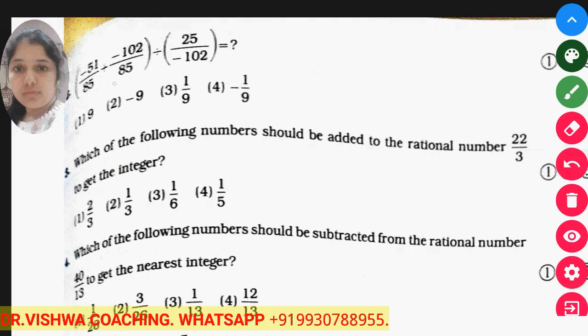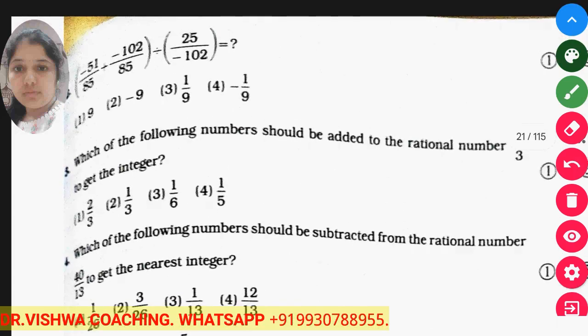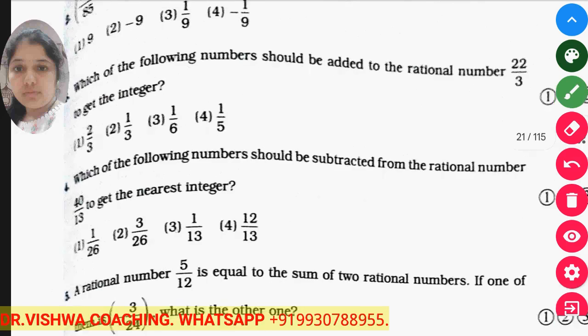So again it becomes like this only. You have to add it anyhow. Minus 153. Okay, I will explain after some time.